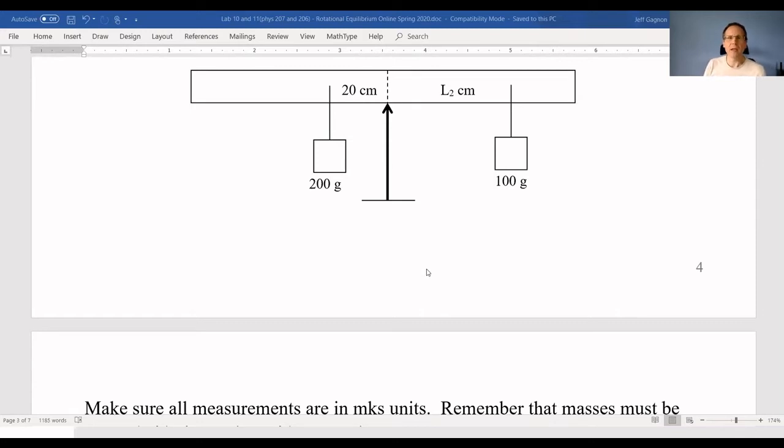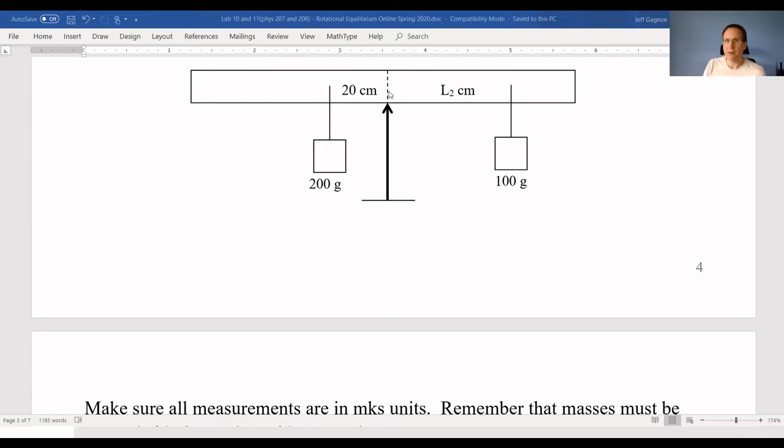The goal here is to calculate the sum of the torques given a particular situation. In this case, we have a 200-gram mass that hangs 20 centimeters to the left of the knife edge, right? And the knife edge is right at the center of mass of the meter stick. So in our case, it would be at 50.1.